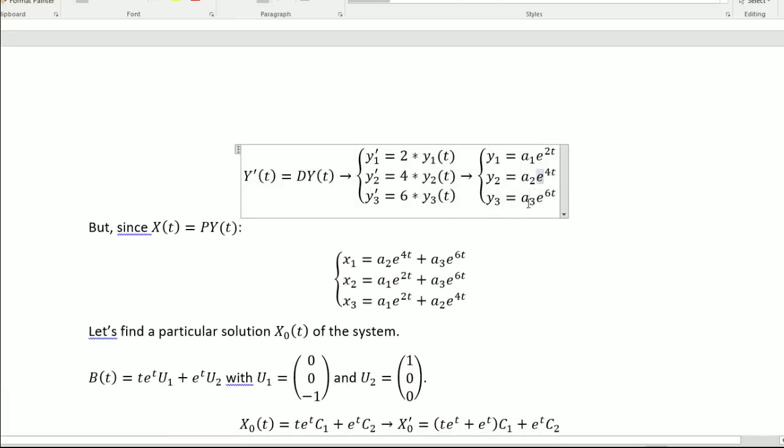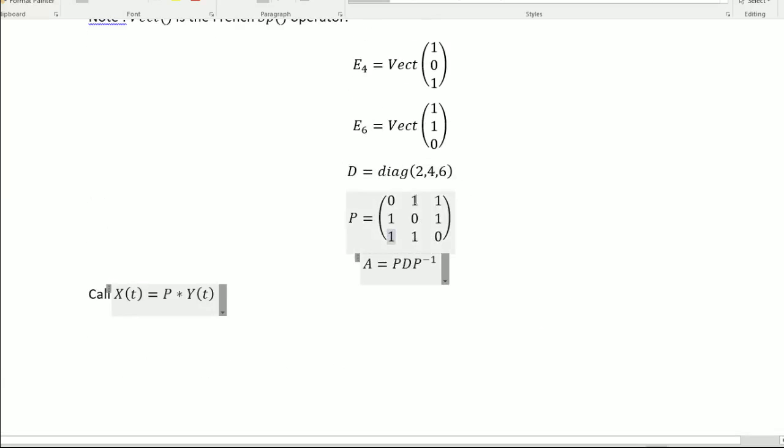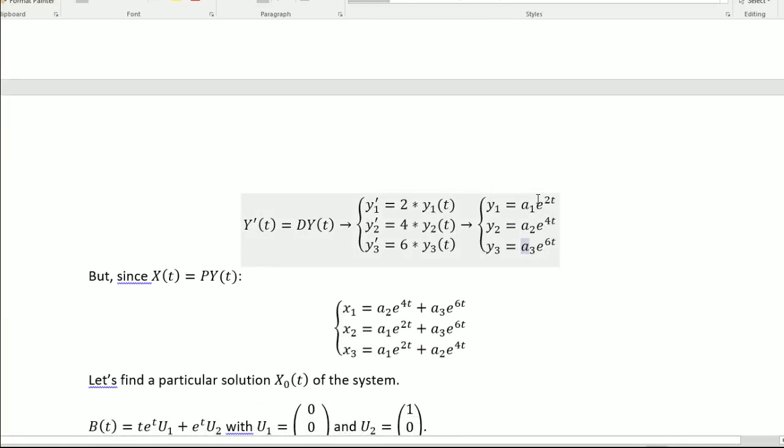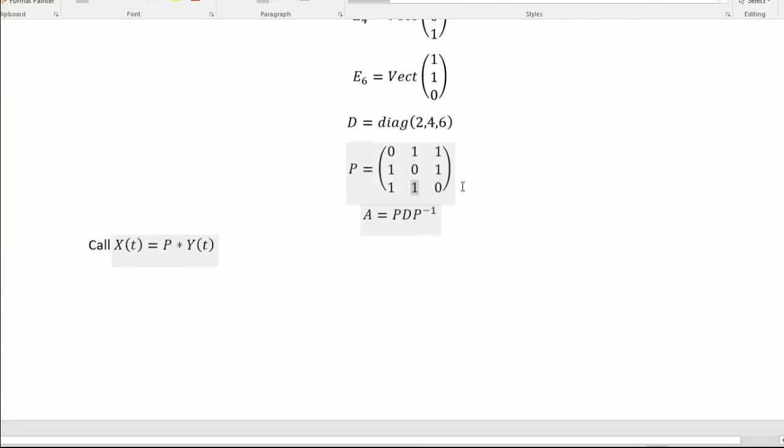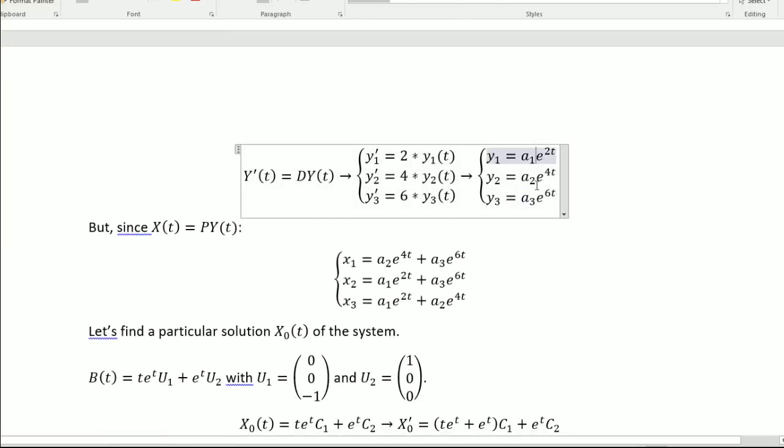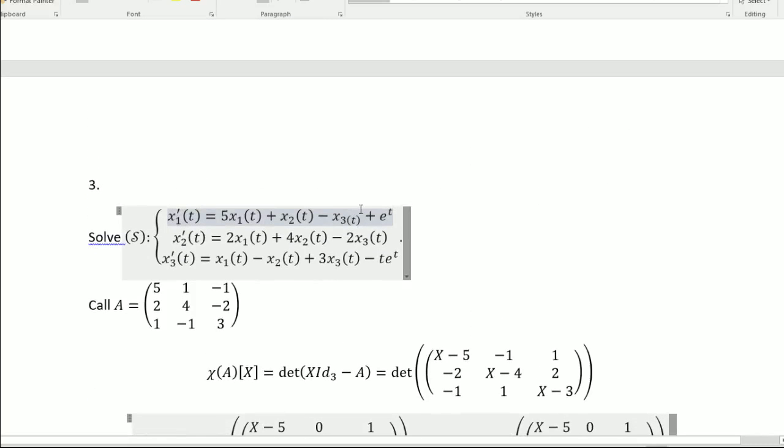Since for this one there is 1 here, 1 here, you'll have this one plus this one. And then since here are these two ones, you will have this one plus this one for x3. So now we have our general solution without this thing here.